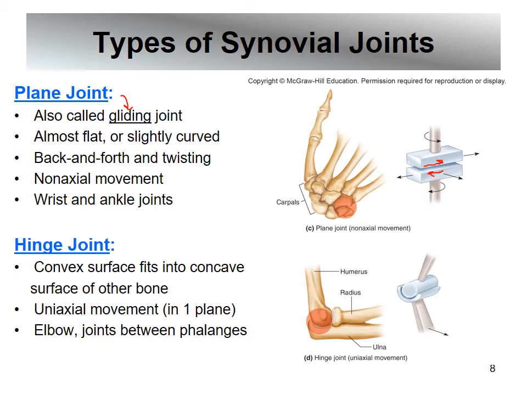Now, the ball and socket, which we said was the hip, is pretty classic. The next, probably most classic, is called a hinge joint.